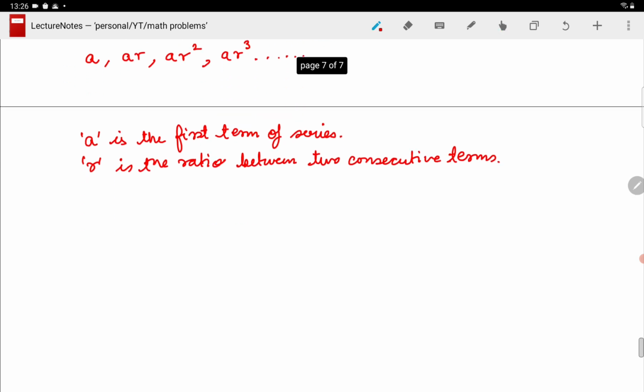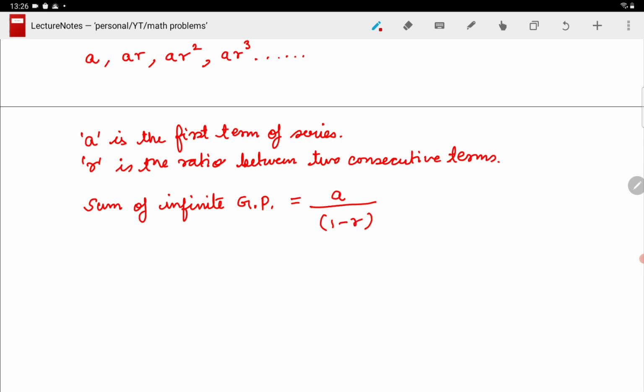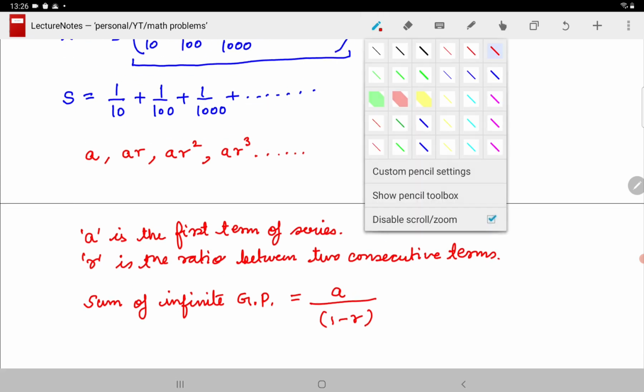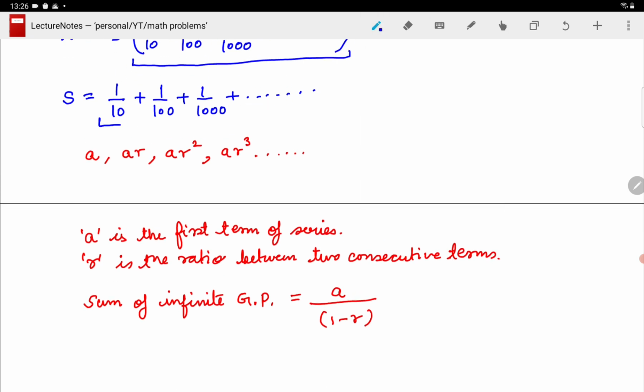The sum of an infinite geometric progression is given by, wait for it, a divided by 1 minus r. In our case, for this series, 1 by 10 plus 1 by 100 plus 1 by 1000 extended to infinity, a is equal to 1 by 10, which is the first term.